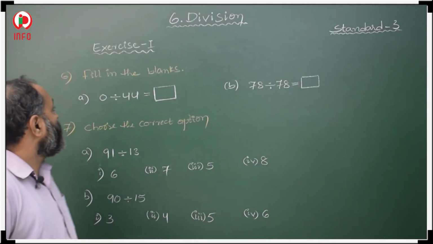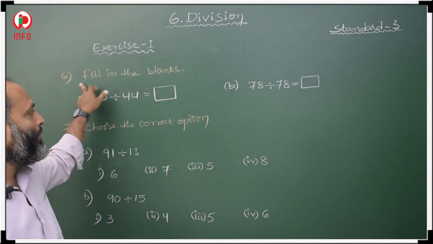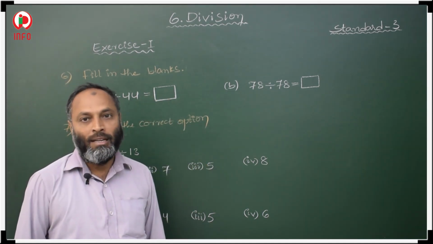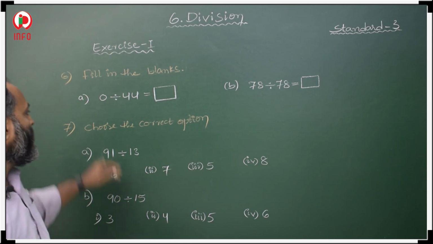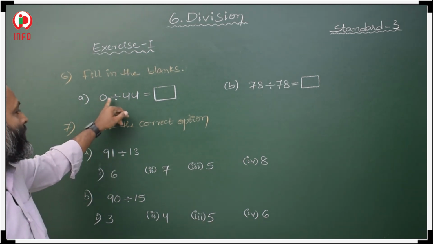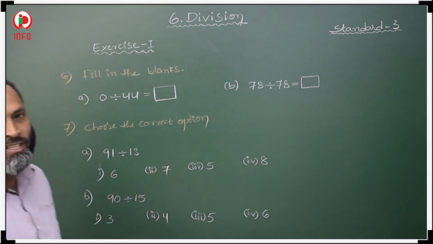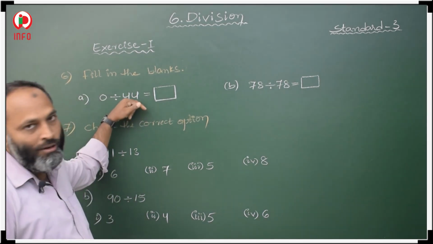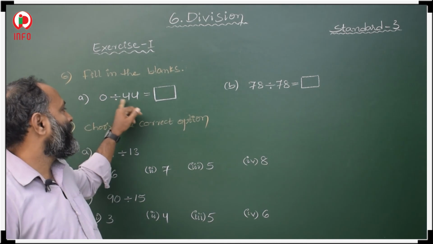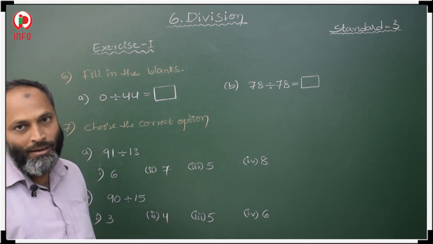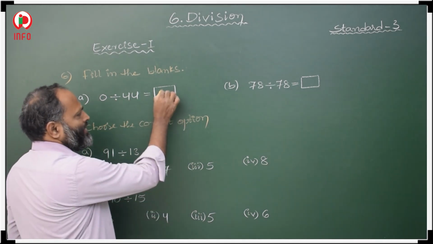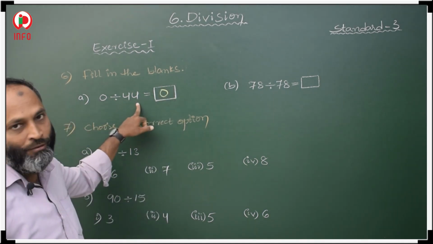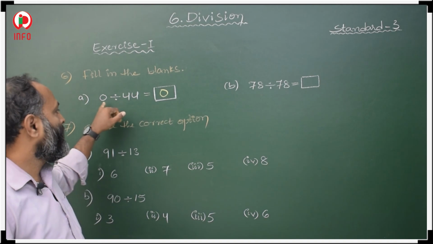Okay. The next question, fill in the blanks. These 2 questions are based on the properties of division. See here. What is the first question? 0 is divided by 44.